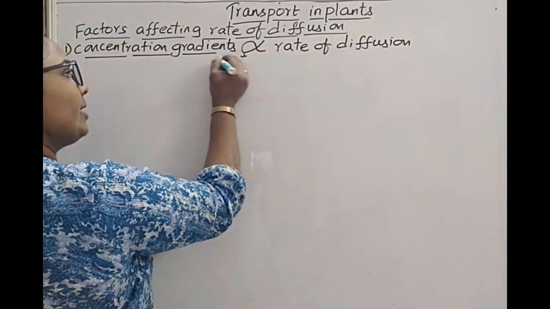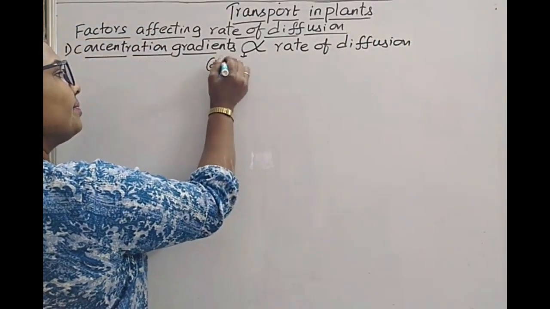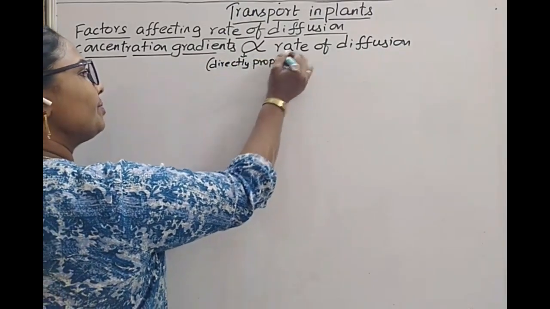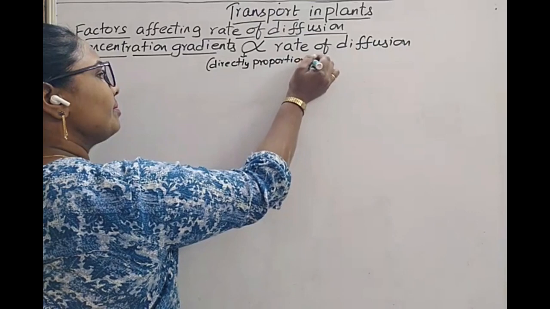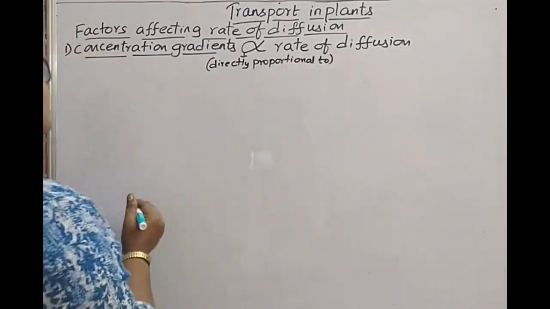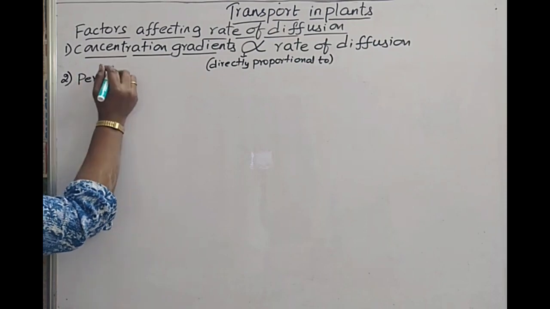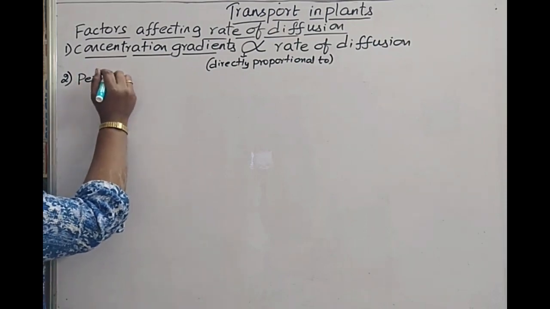We can write this as directly proportional to. Second one, permeability of the membrane, like plasma membrane or cell membrane.